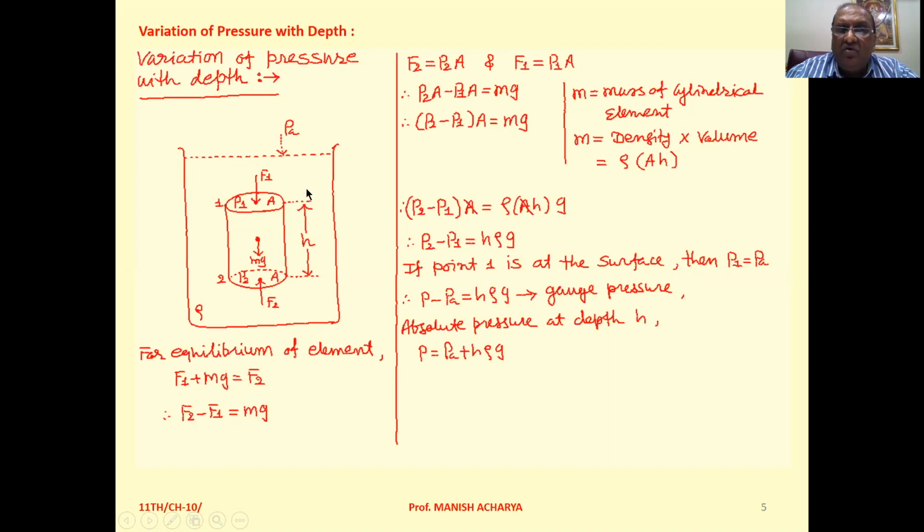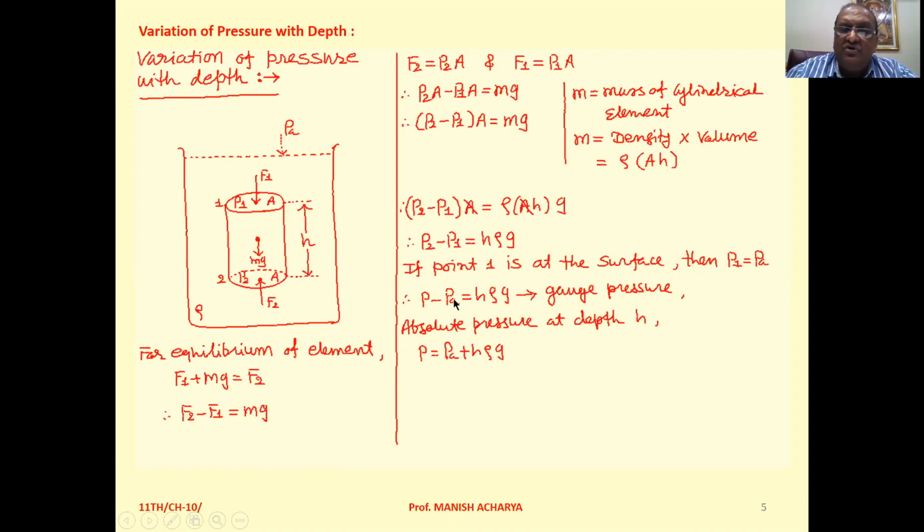The liquid column of height h exerts the pressure in the downward direction, that is h rho g. Clear? So with depth h, the pressure changes as per h rho g, and this P minus PA is called gauge pressure. If we take PA on the right hand side, then we get the absolute pressure at depth h, so P equals PA plus h rho g.